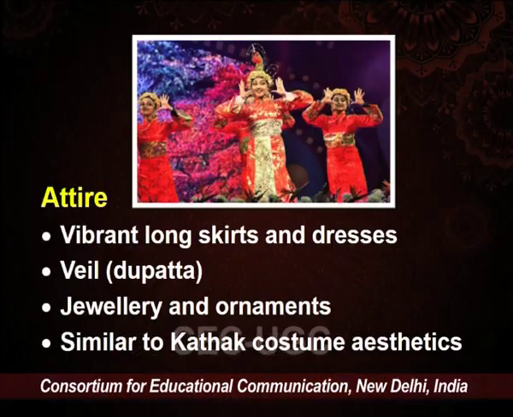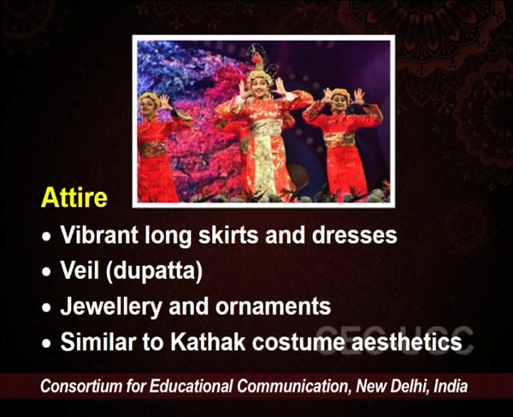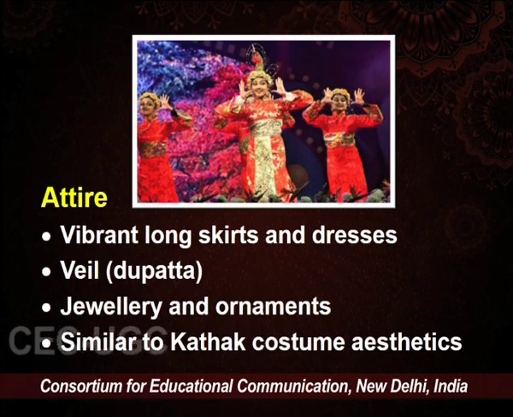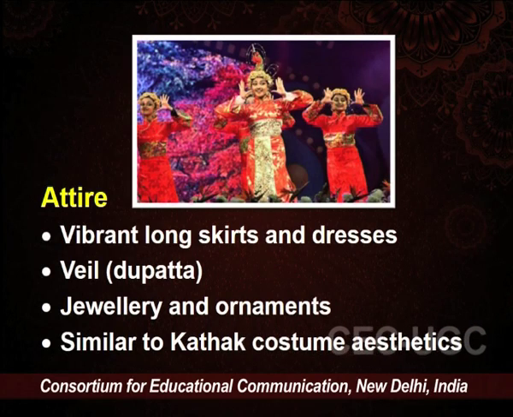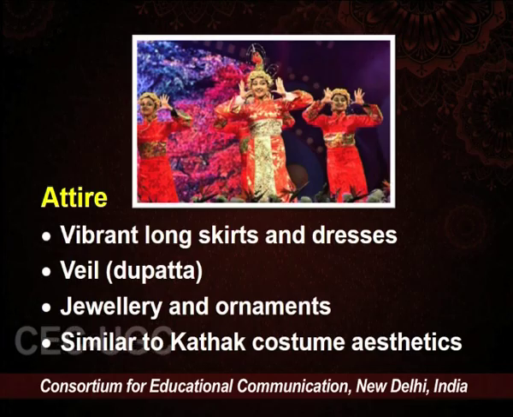If you look at the costume, it's a vibrant long skirt and dress with a dupatta, and jewelry and ornaments. They also wear jewelry and ornaments, and it is similar to, I will not say exactly like Kathak, but the kind of Kathak costume aesthetic.